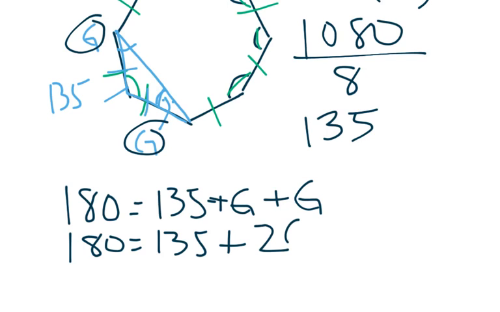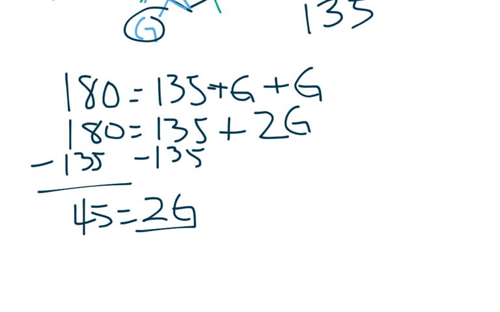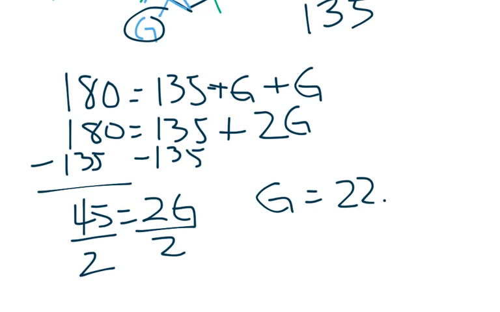We want to get the numbers on one side and the letters on the other side, so let's subtract 135 from both sides. This means 45 equals 2G, and we want to divide each side by 2. So G equals 22.5 degrees, and this is your final answer.